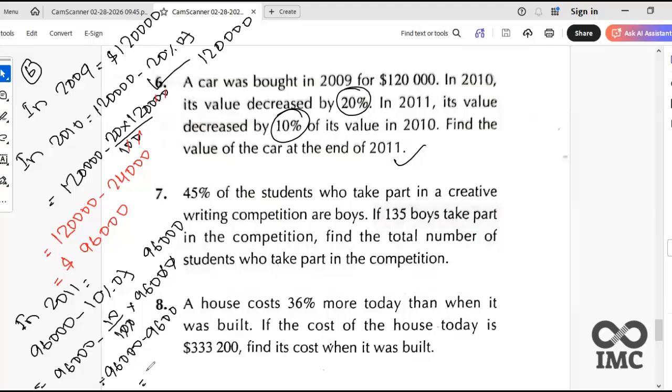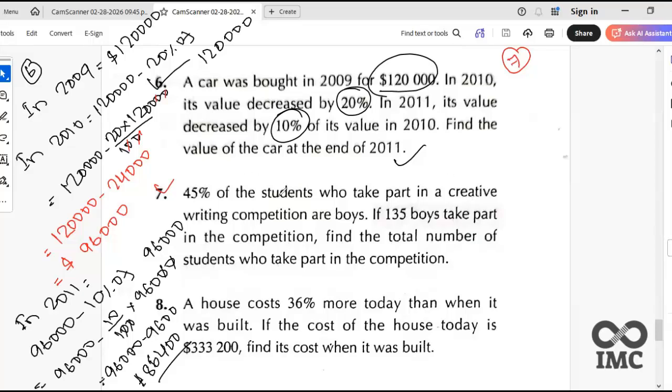Then after subtracting this, we get $86,400. That means when the car was bought in 2009, the price was 1,20,000. But after 2 years, it is $86,400. Simple.